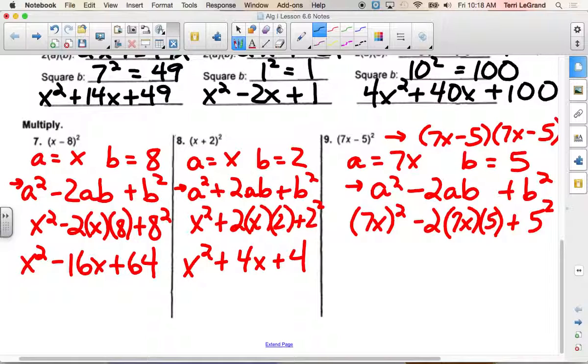Again, the parentheses around the 7x are showing that both 7 and x need to be multiplied. The other parentheses here are showing multiplication in the second part.